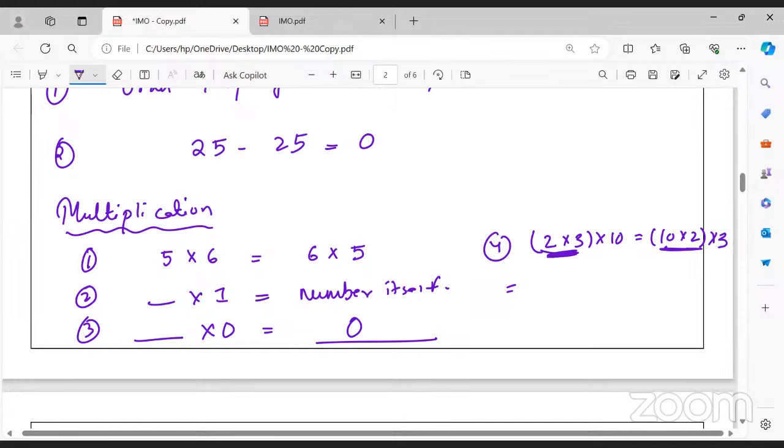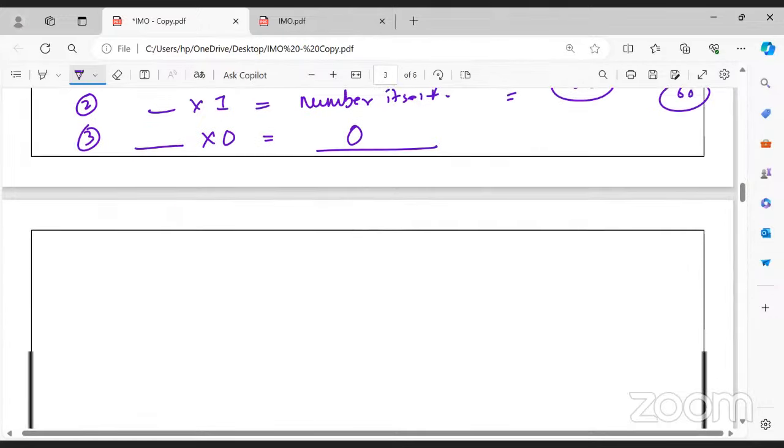It is going to be the same. So it is 3 into 6. This is also 60 and this is also 60. So we are done with this.